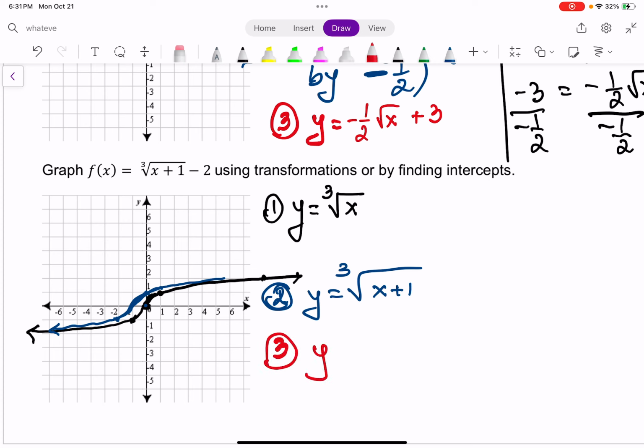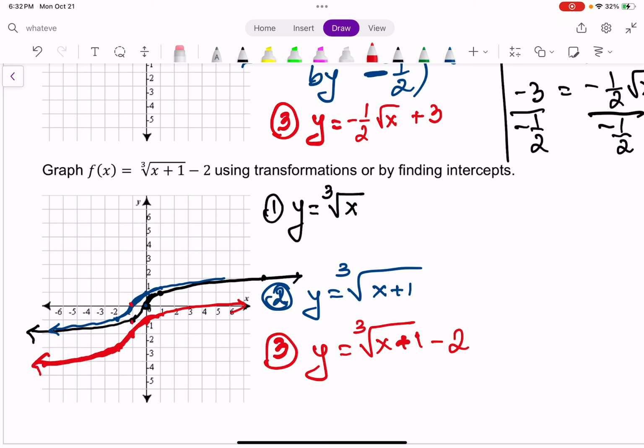These graphs are very shallow, so they don't bend much, very horizontal. Oops, move it down 2 units. So take this graph and move it down 2 units. And there it is. Okay.